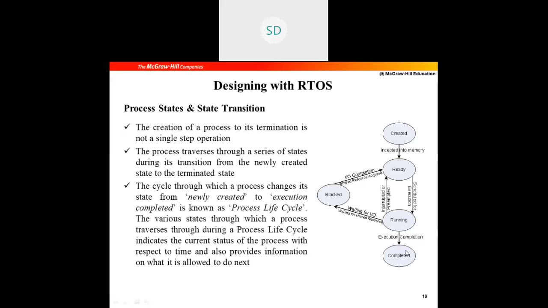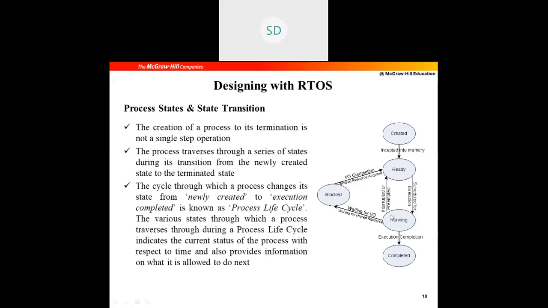Or there may be certain other factors, for example, interrupted or preempted. Interrupted means that during the running of a particular process, if any high priority task or high priority process comes to the ready state, an interrupt will be generated.